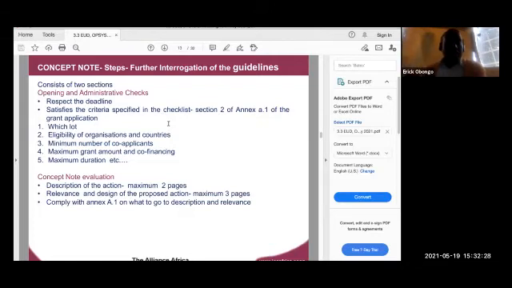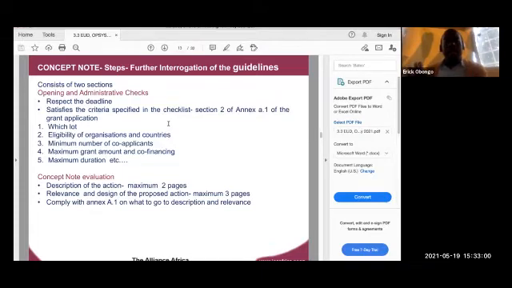There are a few issues that I would like you to take note of, and this is actually very common when applicants are submitting projects. Sometimes not all projects are approved. The reason being, most of them don't pass through the first stage, which is called the opening and administrative checks by the European Commission.